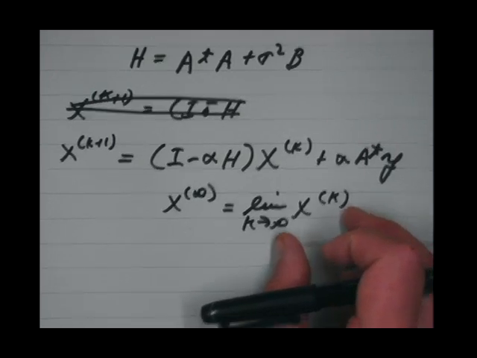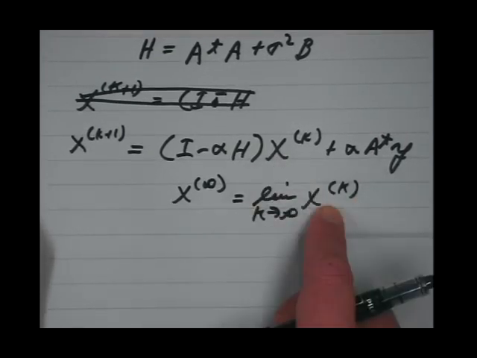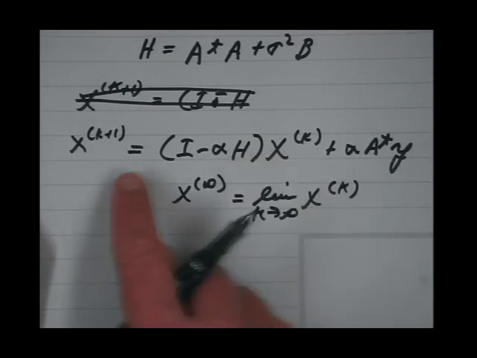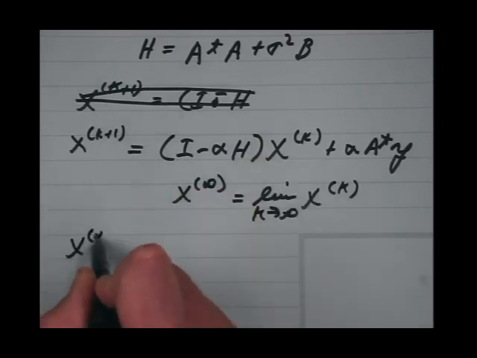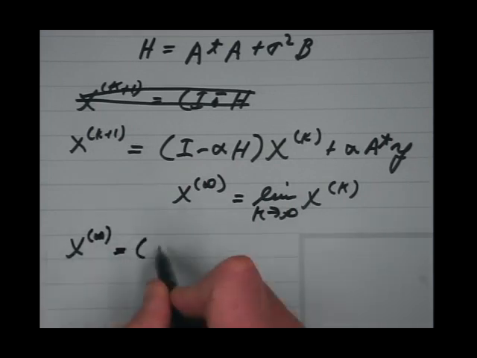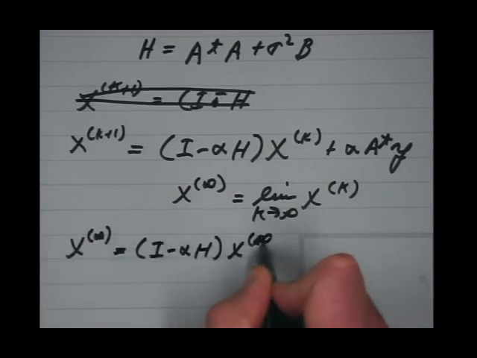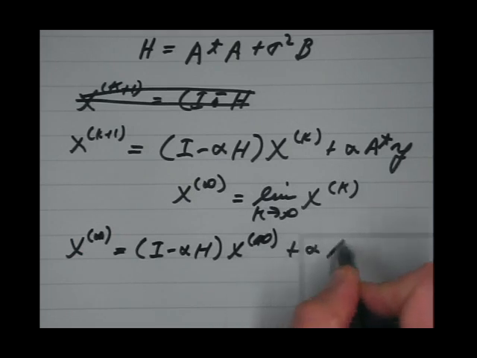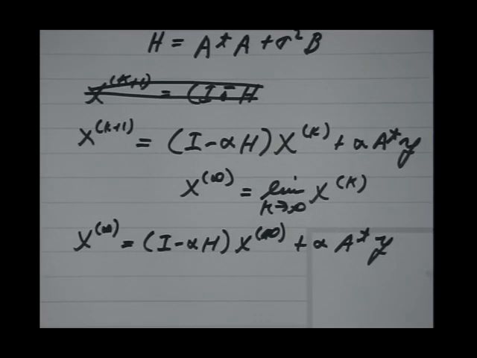Intuitively, I think it's pretty clear from an engineering perspective that if this thing converges to a limit, I can take the limit on both sides of this equation, and I get that x infinity has got to be equal to (I minus alpha H) times x infinity plus alpha A transpose y, right? So I have to reach a stable solution.